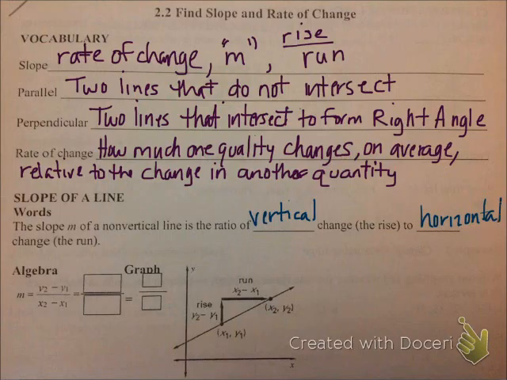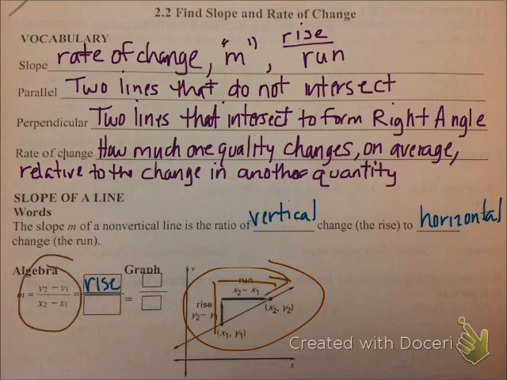So when you look at this graph, your rise is your vertical change and your run is your horizontal change. This is why you've seen this formula before: rise over run. The formula is y2 minus y1 over x2 minus x1.